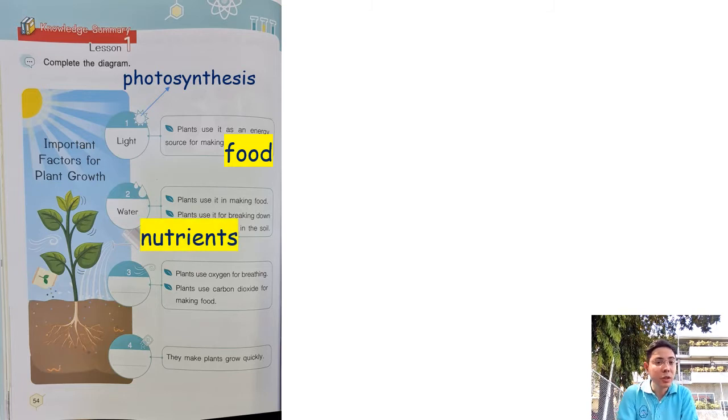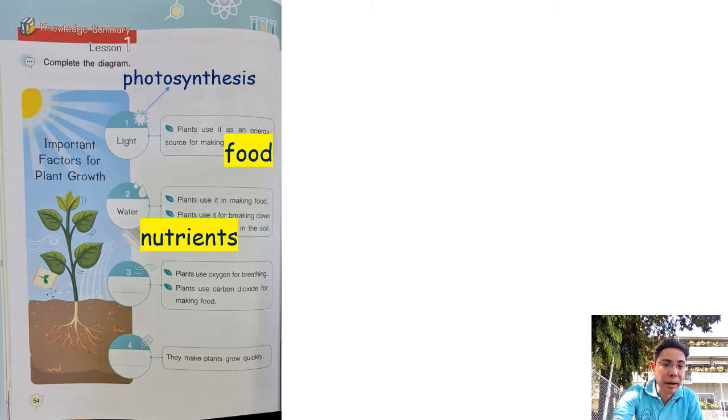Next, we have nutrients. Water will break down the nutrients in the soil. So plants need water so they can drink the nutrients from the soil. And number 3, plants use oxygen for breathing.